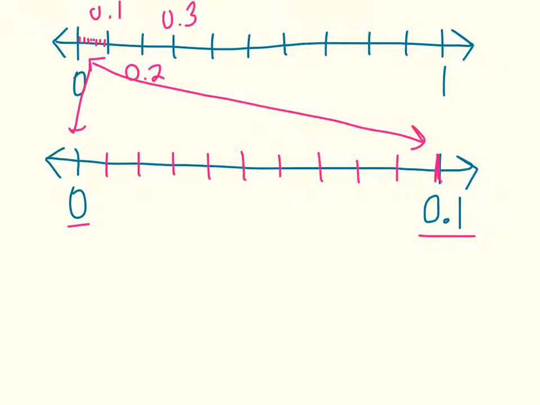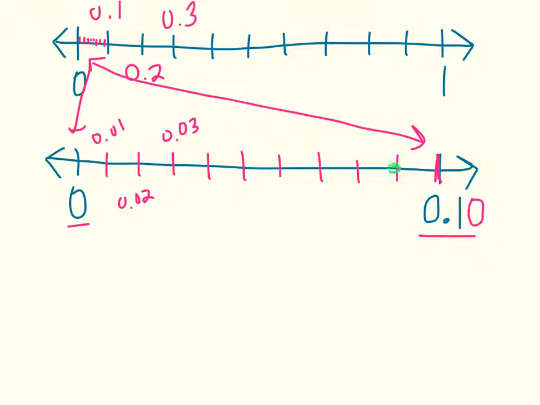So I could actually think about this as having 10 pennies, or 1 dime. And I know inside of 1 dime, that is where I have pennies. So inside of 0 to 1/10, I have my hundredths. So this is 1/100th. The next tick mark would be 2/100ths, and then 3/100ths, and so on and so forth.